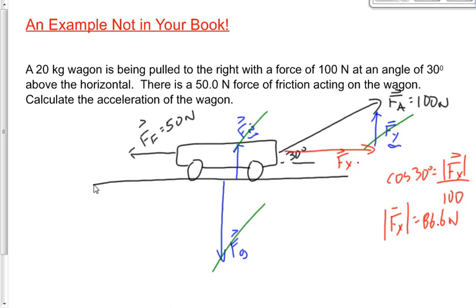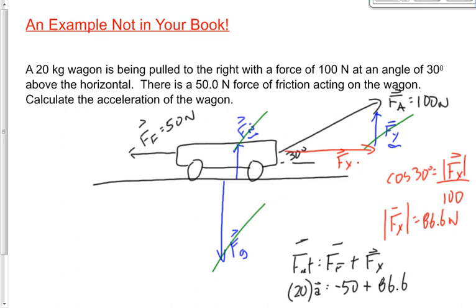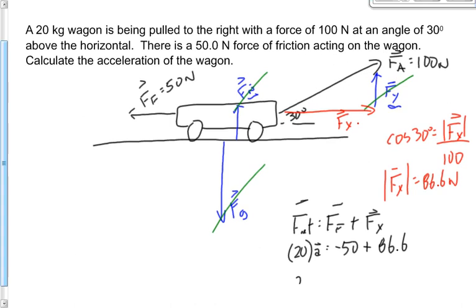So now we're going to say, look, F net is equal to FF plus Fx. 20 times A is equal to negative 50 plus positive 86.6. 36.6 on the right side divided by 20 is positive 1.8 meters per second squared. 2 digits, because if you go back here, this is 2, this is 3, this is 2, this is 3.